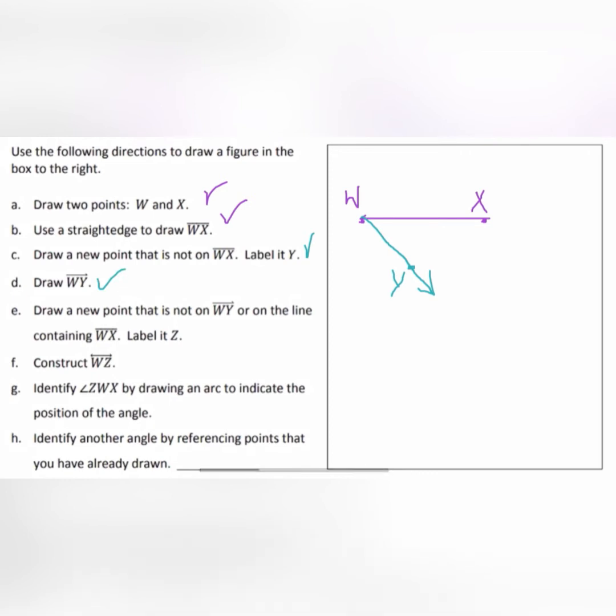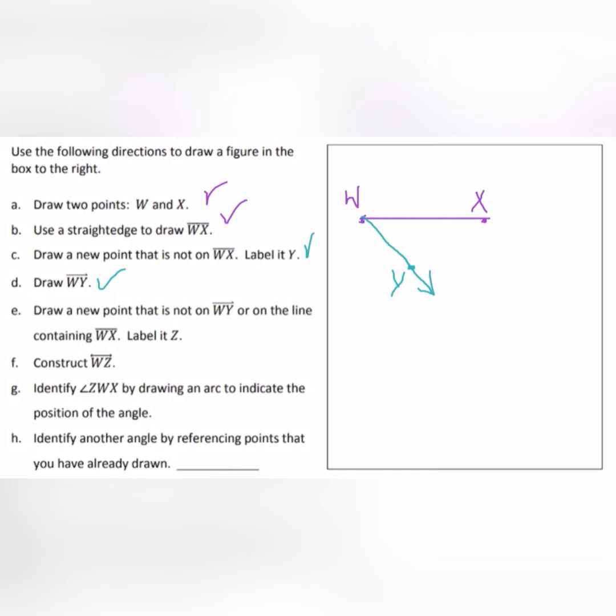And now we're up to letter E, so I'll change colors again so we can keep track. Okay, so letter E says draw a new point that is not on ray WY or on the line containing WX.